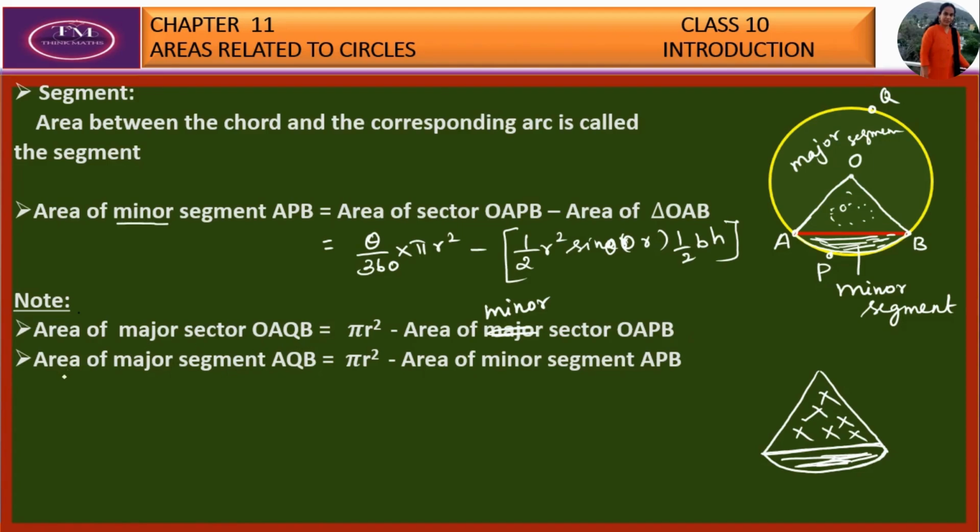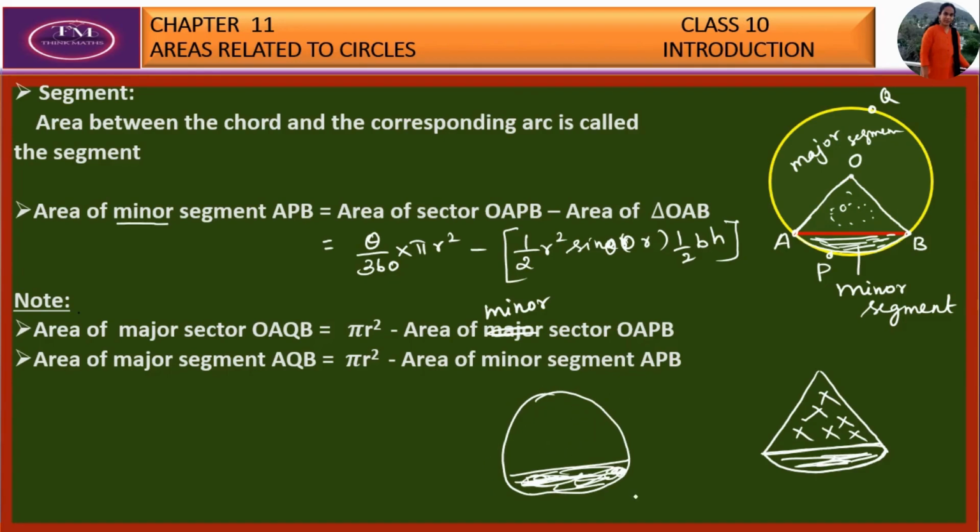In the same way, we can find the area of the major segment AQB. From the circle, we draw a chord. This is the minor segment, and the remaining is the major segment.